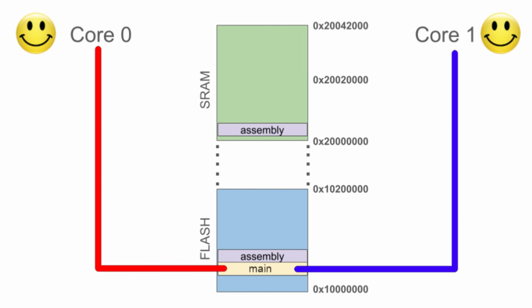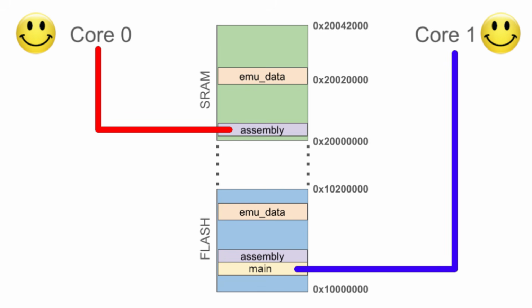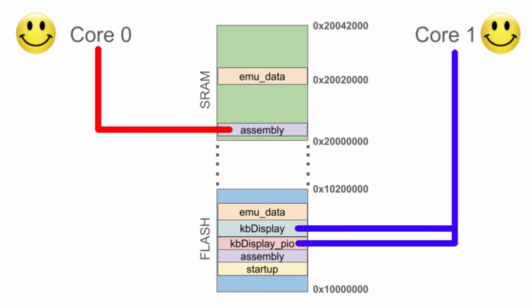The next step is to do everything we did before, but also transfer in a 64K data blob into flash and then copy it into static RAM. The last step is to accomplish everything we did before, but also transfer execution of core 1 to the keyboard display C program with the associated PIO program instead of simply a loop within the original C program.